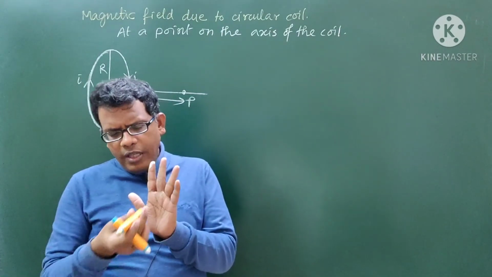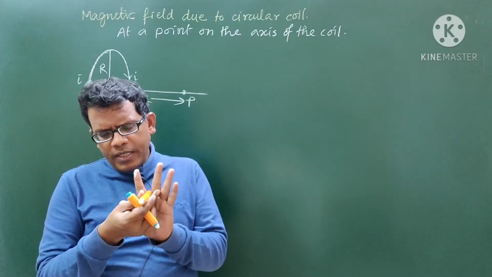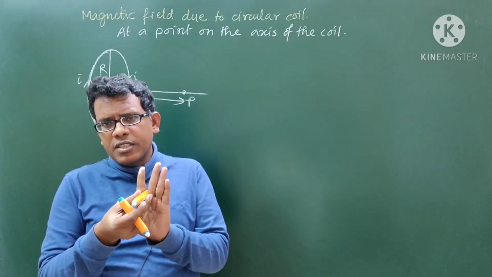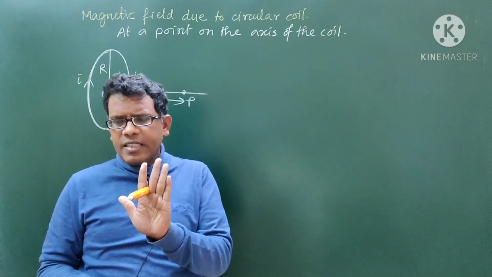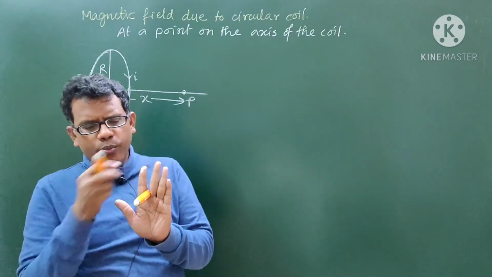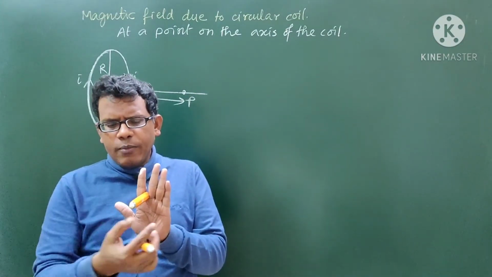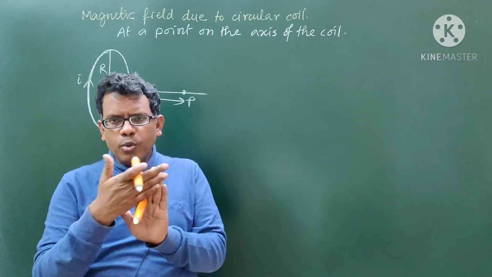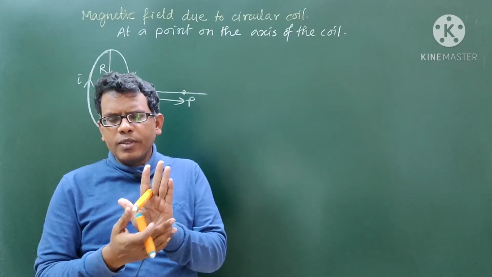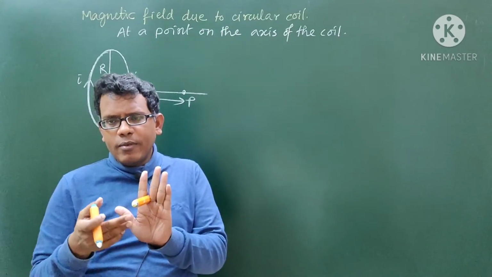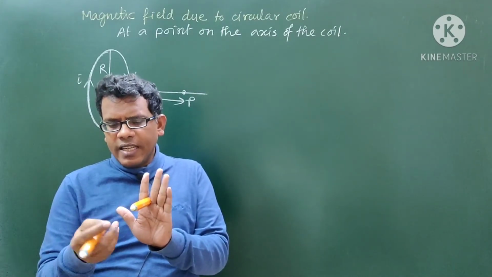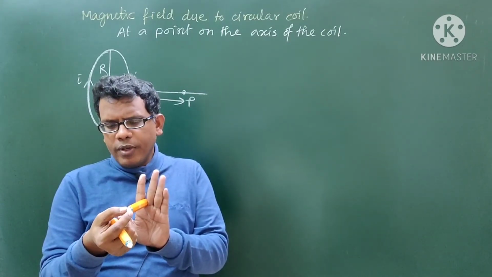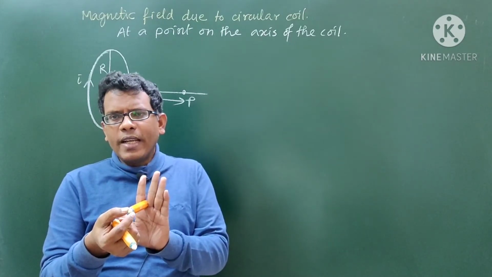If I hold the chalk holder, it acts as the axis of this circular loop, the line through the center perpendicular to the plane. So this is the point where we are trying to know the magnetic field.